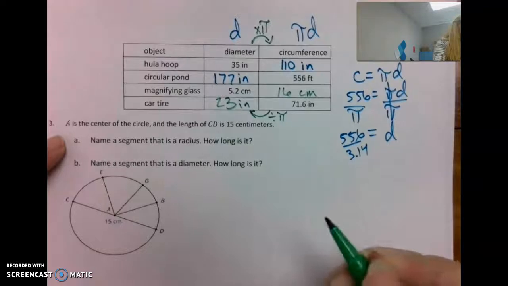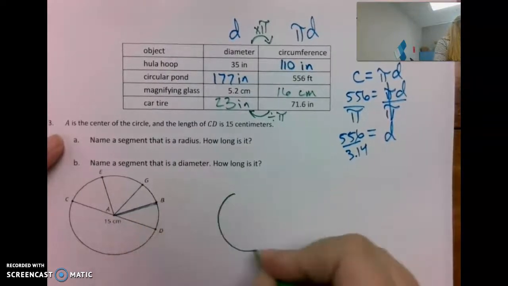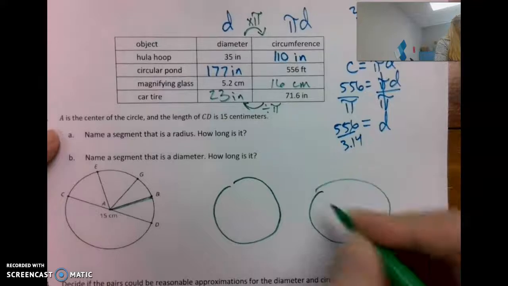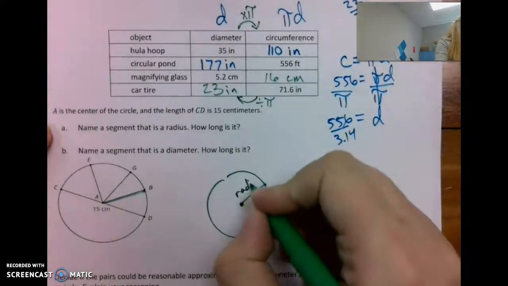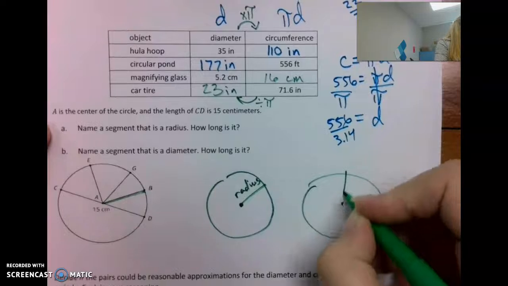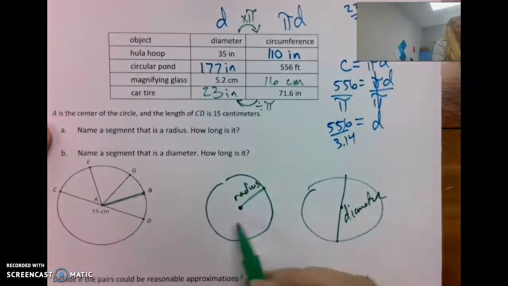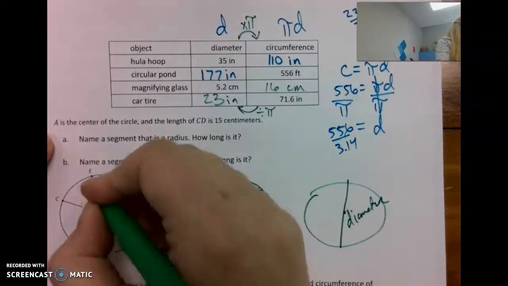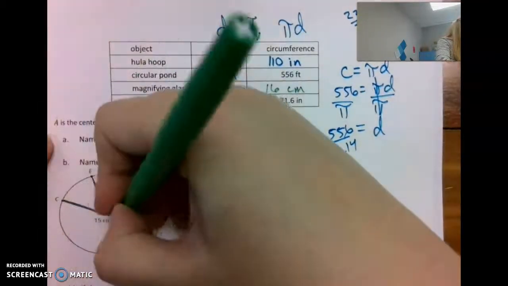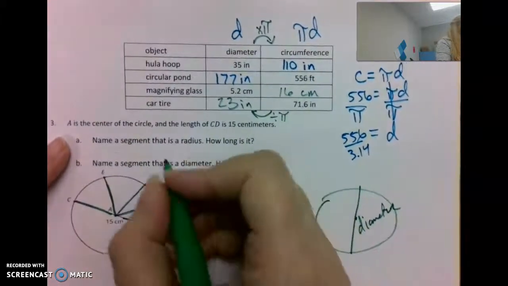Name a segment that's a radius. So look here, I'm just going to pretend these are perfect circles. All right, this is a radius, and then a diameter goes all the way through. They both go through the center, but the radius is half and the diameter is all the way through. So any of these could be radii, which is the plural of radius.